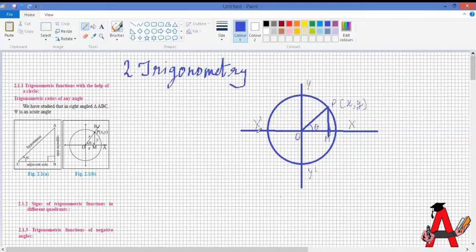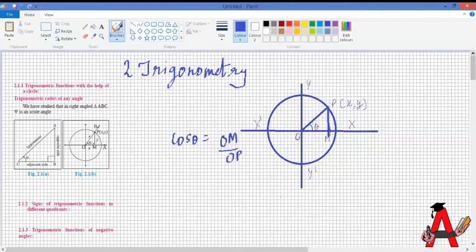Now, what I'm trying to tell you in the basics of trigonometry is that if we take cos theta and sin theta, let me write here cos theta. Now cos theta will be equal to adjacent side, which is OM, upon hypotenuse, which is OP.